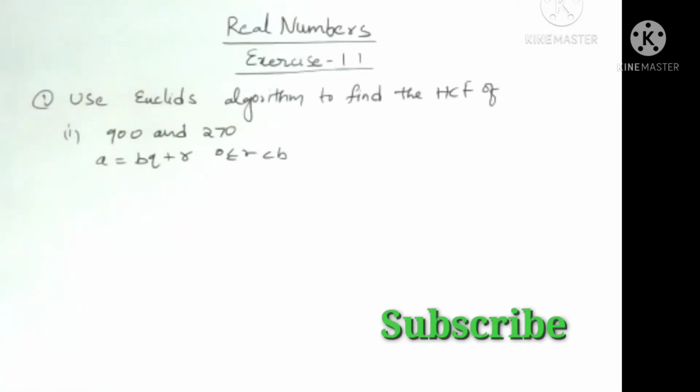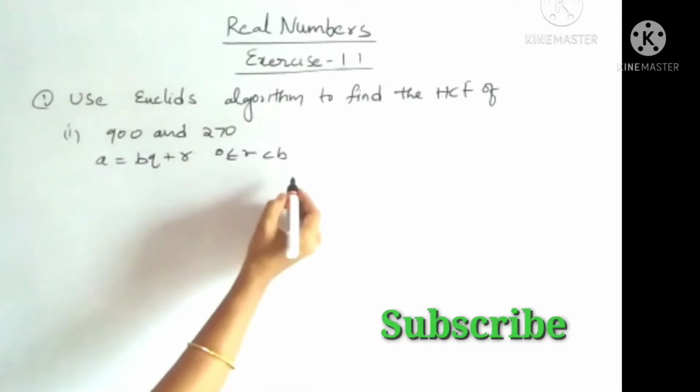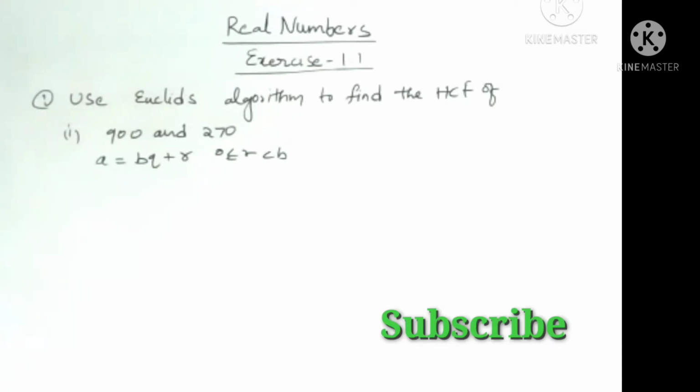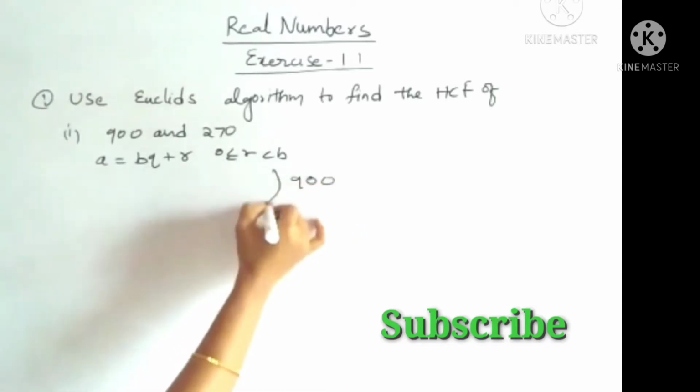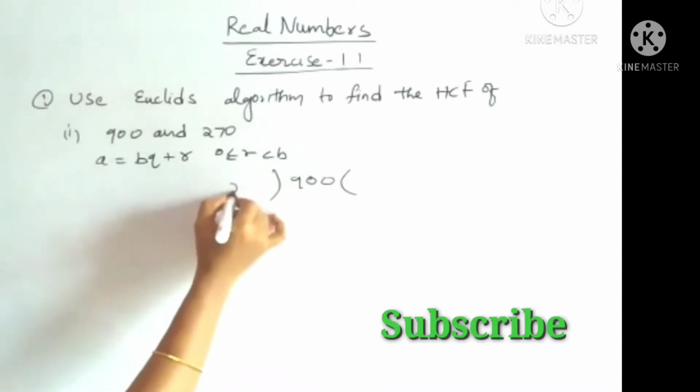To solve this problem, if you know division, you can solve it easily. You learn division from your third and fourth class, right? So here we divide the big number 900 by the small number 270.